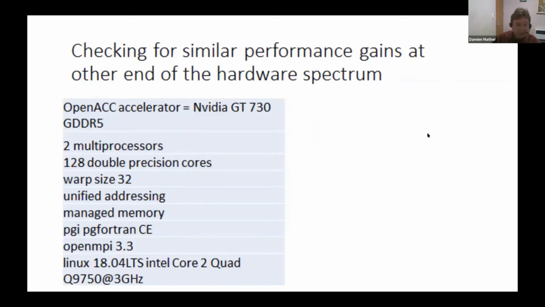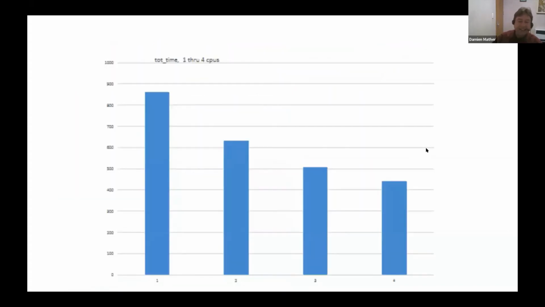And the description in the middle there means something if you look at NVIDIA graphics accelerators and scientific computation on them. Some of these terms have already been mentioned. Next slide, please, Chris. So this is the total time for 1 through 4 CPUs, just using MPI. That's how it goes. So not as good as a supercomputer. We're not using nearly the same fabric or infrastructure, so that's fair enough.